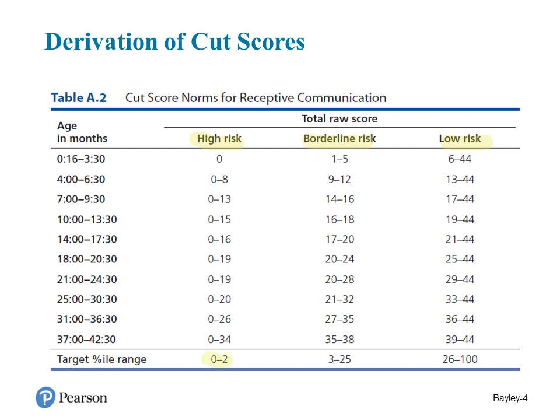Now, the cut scores were selected to represent roughly the second percentile. If you look down here at the bottom, you'll see the target percentile range: roughly the second percentile for the high risk category and the 25th percentile for the borderline risk category. So a percentile of 2 would indicate that 2% of the children in a given age band would have scores that fall at or below the cut score.